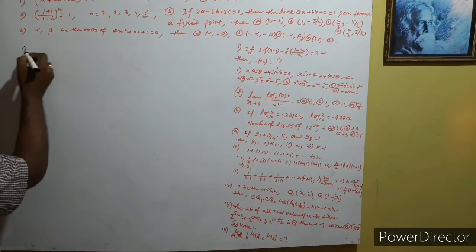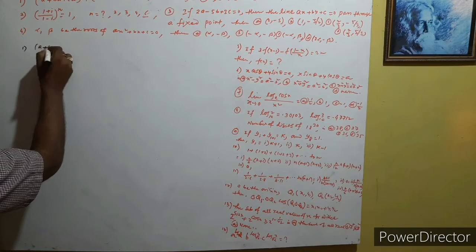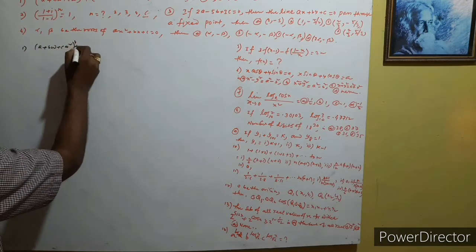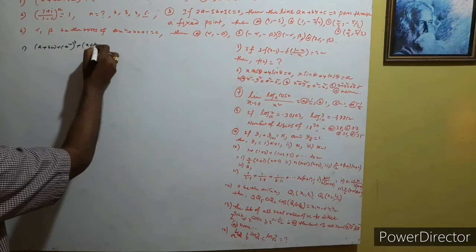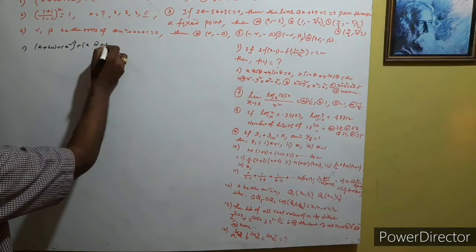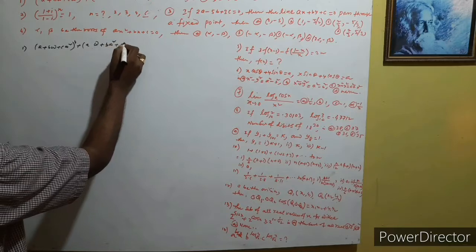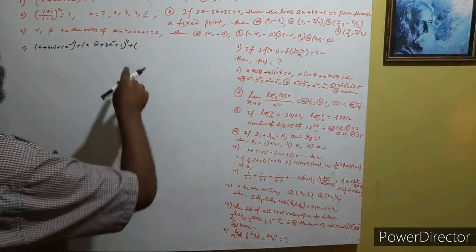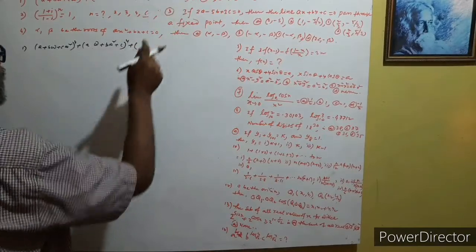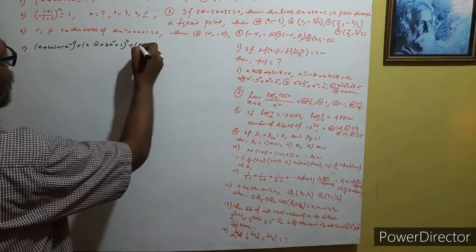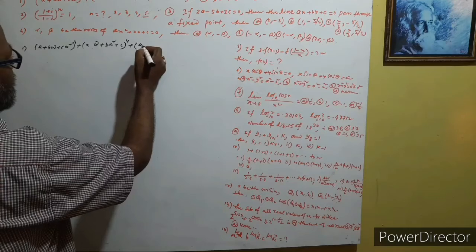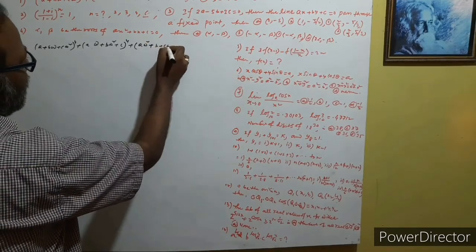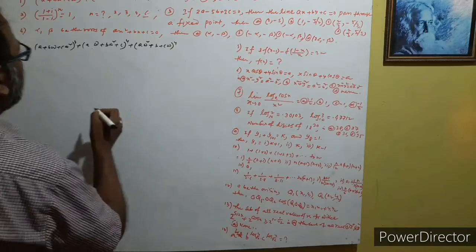See, for question number 1, a plus b omega plus c omega square whole to the power 4, a omega plus b omega square plus c whole to the power 4. In my question, this part was given wrong. So now the corrected equation is this: a omega square plus b plus c omega whole to the power 4 here.